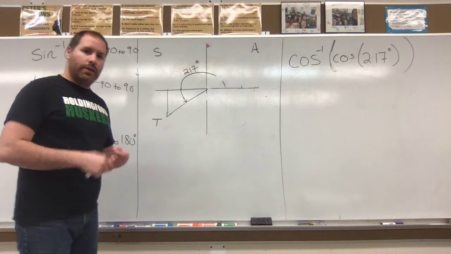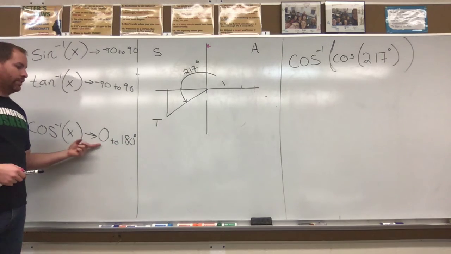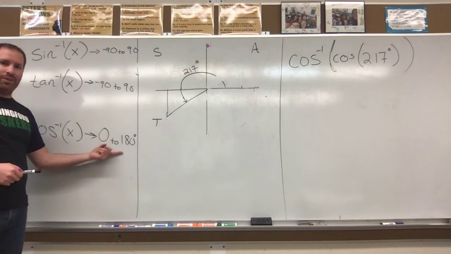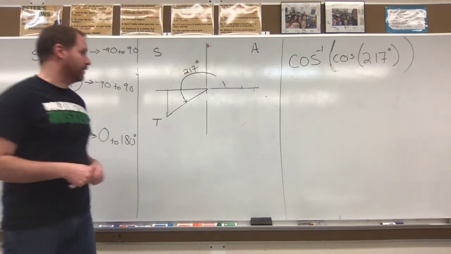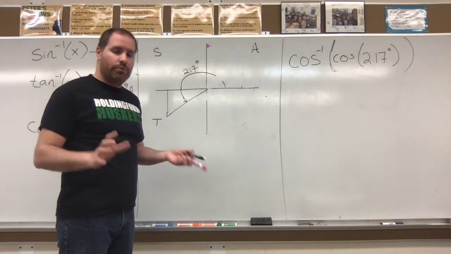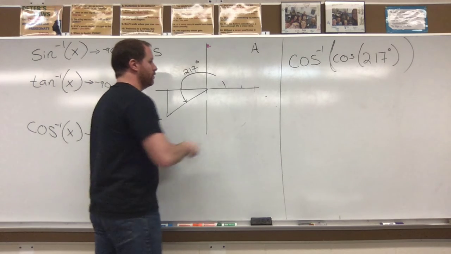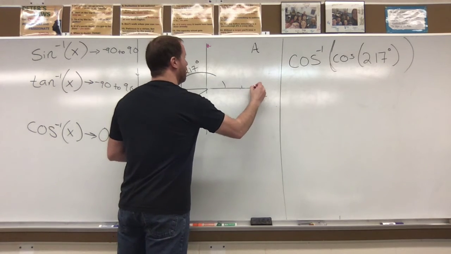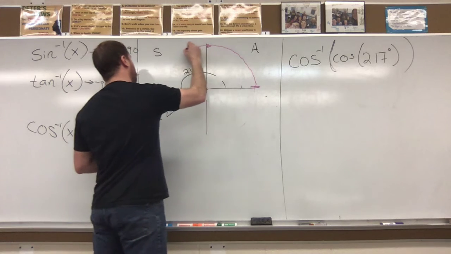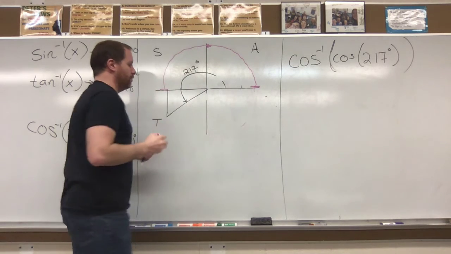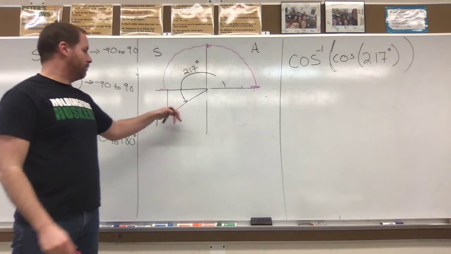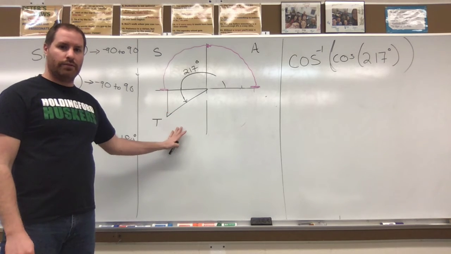Now the small adjustment we have to make: cosine only gives us answers from 0 to 180. A little different, but strategy-wise still the same thing. So here, cosine can only give us results from 0 up to 180 degrees. It's not going to return 270. 270 is down here in quadrant 3.